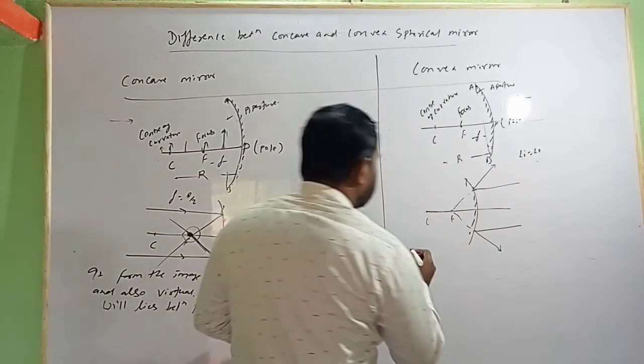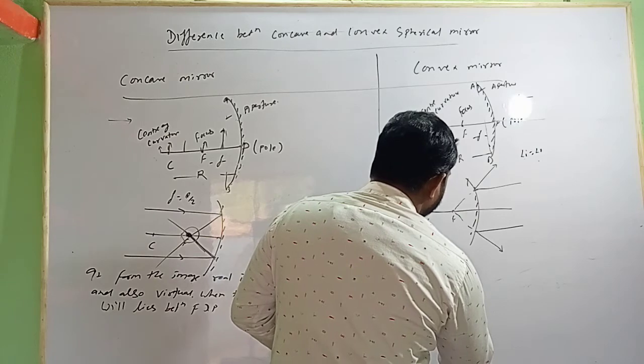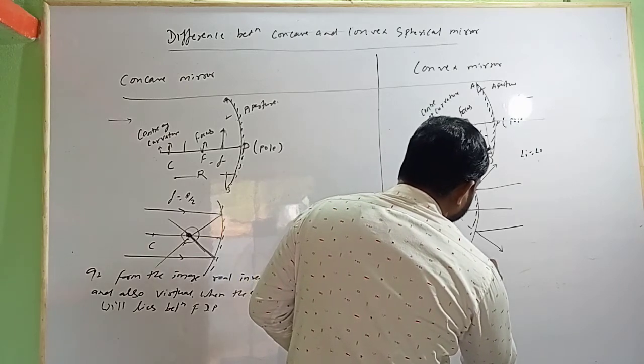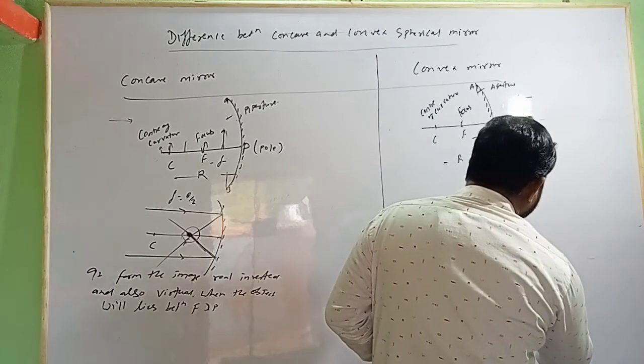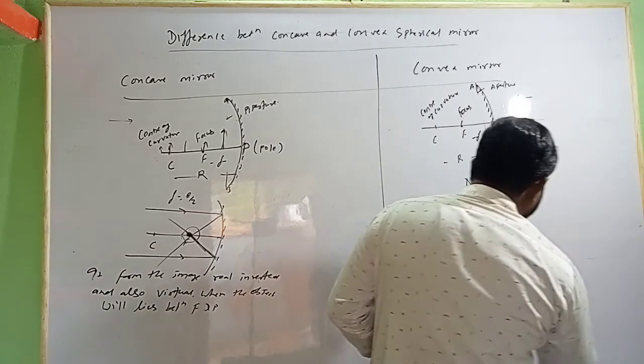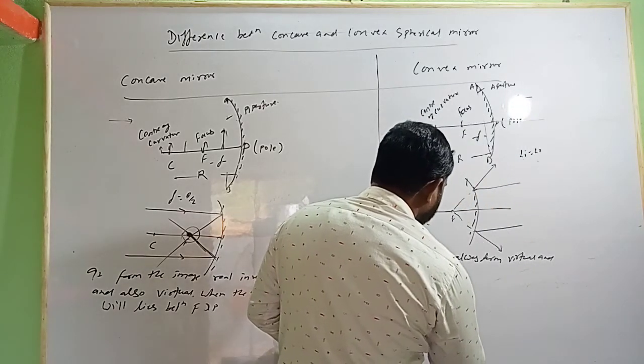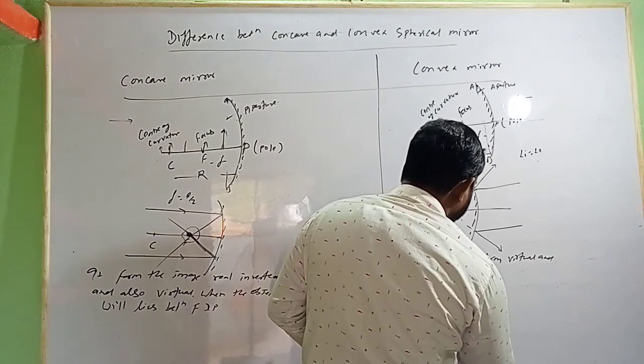But in the convex, it will always form a virtual and erect image. Is it clear?